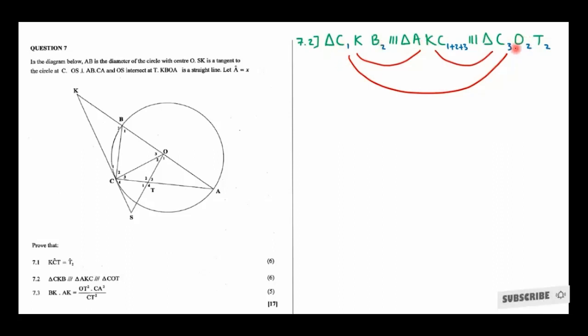That means they're all going to be similar. Or you can pick AKC with COT and then CKB with COT. That will mean all of them are similar. Or lastly, you can pick CKB with AKC and AKC with COT, and that will mean all of them will be similar, right? So now, of those three options, you need to just pick two. So now, how do you then do this?